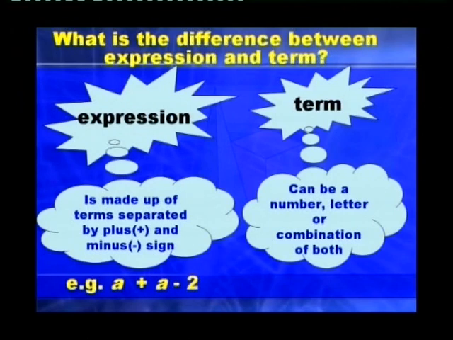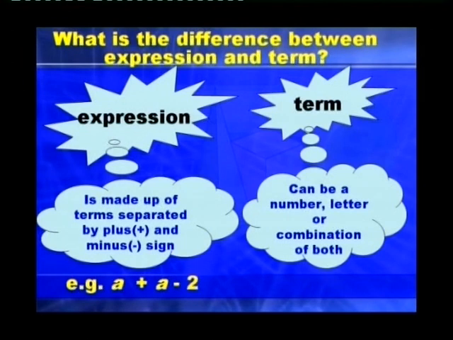Now let us look at the definition of term. Receiving students and Sevenis, can you read that definition? Okay, a term can be a number, letter, or combination of both. Combination of both meaning that it can be a number and a letter together.